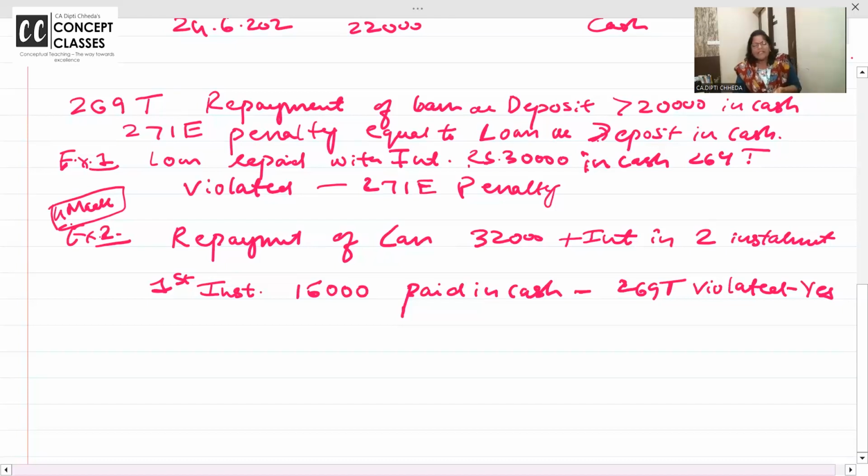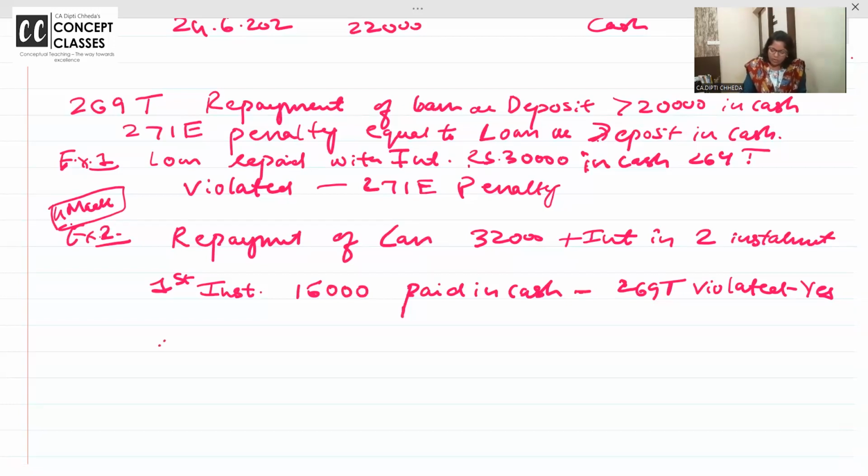Ma'am, but here they gave 16,000. But at that time your loan balance was above 32, no? So you should not have paid in cash. If you pay 16,000 in cash, 269T is violated. Clear? Right. Now look, okay, this is violated. 271E penalty will be levied, 16,000, 100%.